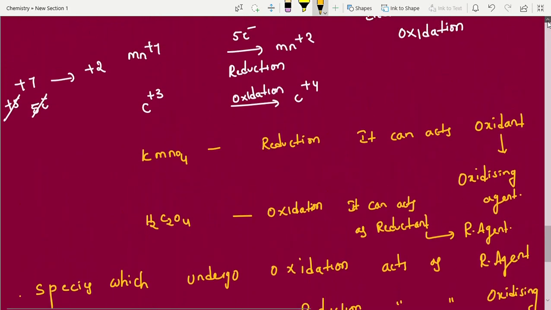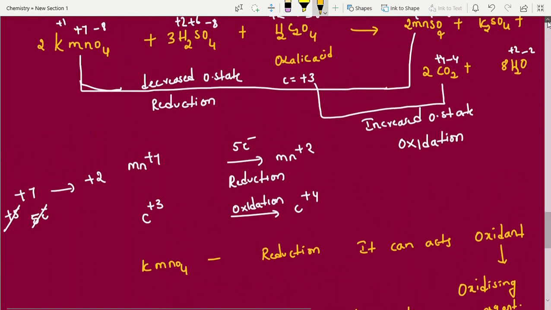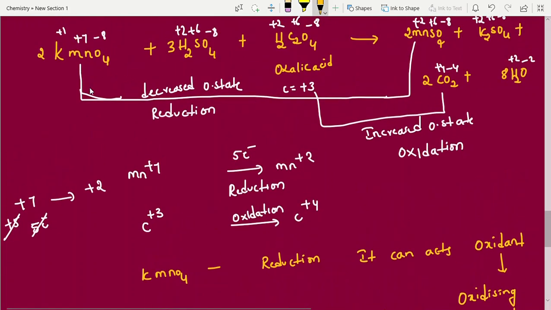See here, which is undergoing reduction. See this guy, which is undergoing reduction. Manganese, +7 to +2. He is doing oxidation. Other guy, he is undergoing oxidation, is nothing but carbon. Carbon undergoing oxidation is nothing but somebody is doing that backside work. Who is doing that one?